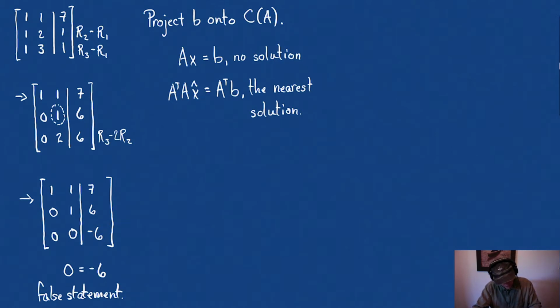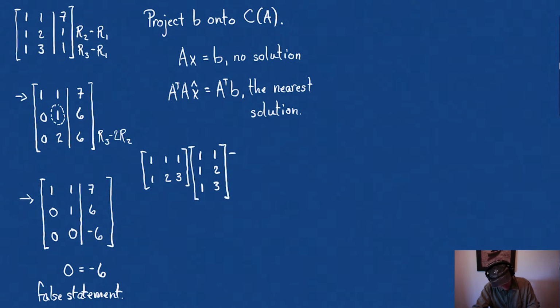So let's apply this. So A transpose is 1, 1, 1, 1, 2, 3 times the matrix of A, 1, 1, 1, 1, 2, 3 times, and then X hat.